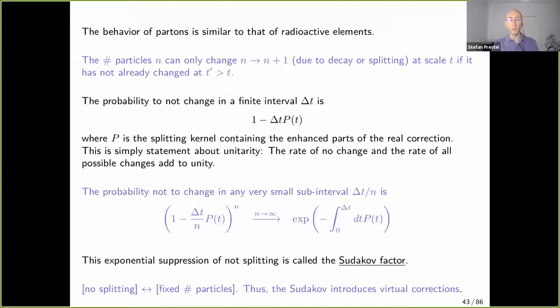So these Sudakov form factors introduce virtual corrections in a nice way by relying only on your approximate real corrections, which only contain the most infrared singular parts of the real emission diagrams, which we've already learned in the last lecture are universal, so independent of the actual hardest scattering that occurs in the process. That's good, because it means that eventually you can use this to build a numerical algorithm to produce more than just a single emission.